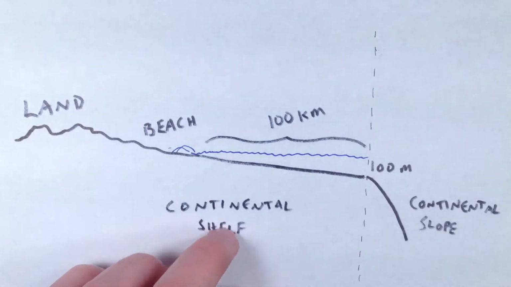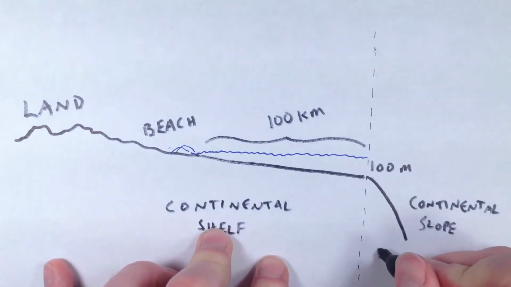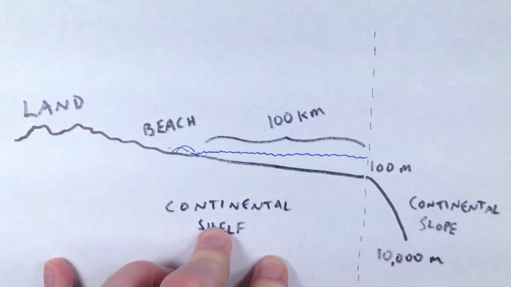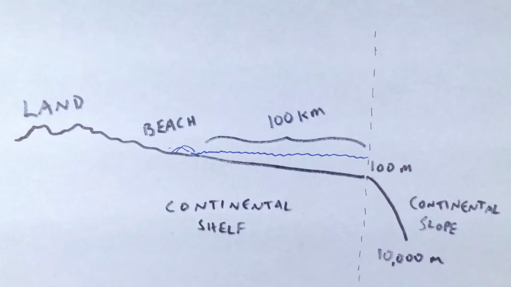So let me see. Yeah, I can fit that down there. 10,000 meters deep. Yeah, that's pretty far. So depending on where you are on the continental slope, there may be a canyon that got cut into this.